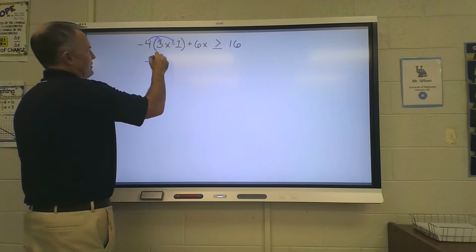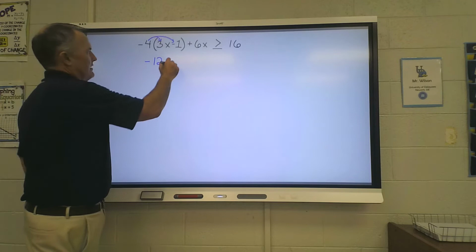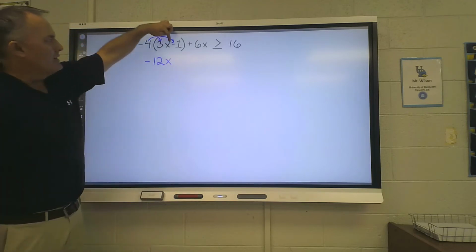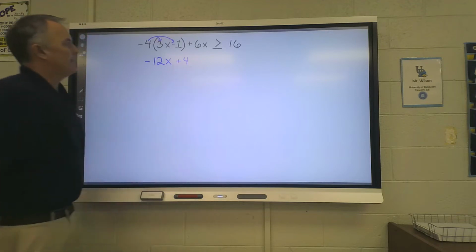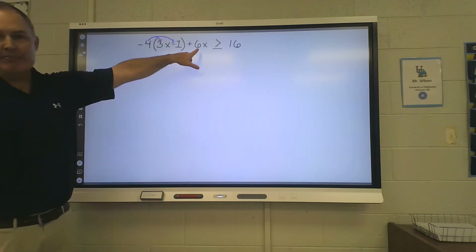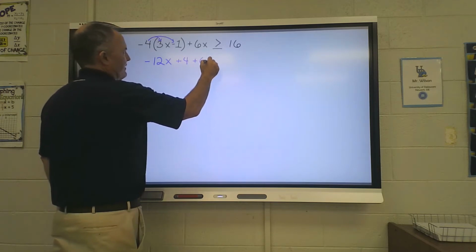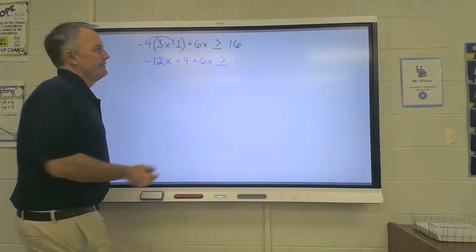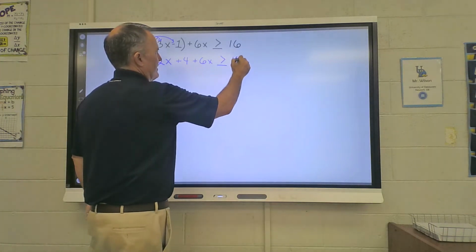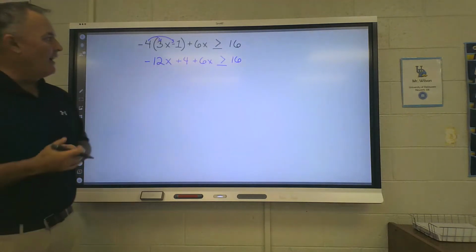So I get -4 times 3 is -12x. -4 times a -1 is a +4. I can't do anything with the 6x, so I'm going to drop it down. And now that's greater than or equal to 16. All right, now, what can we do on the left side now?